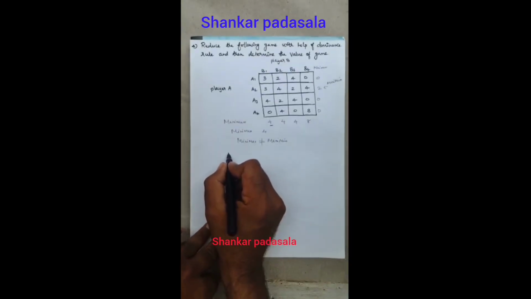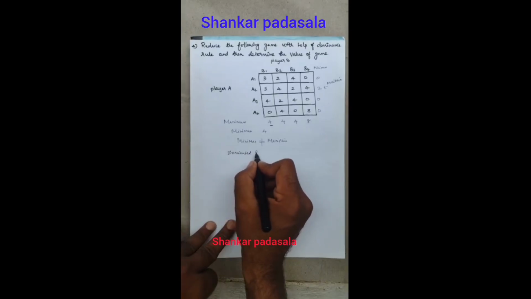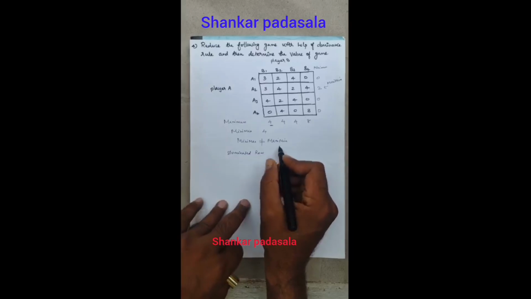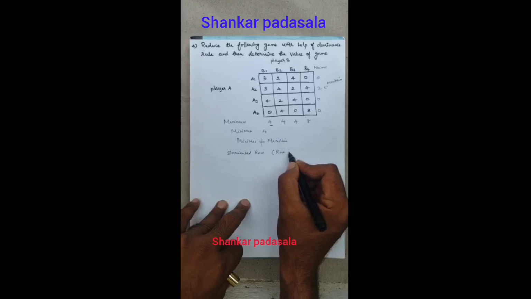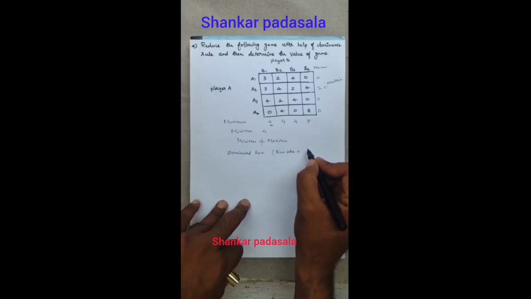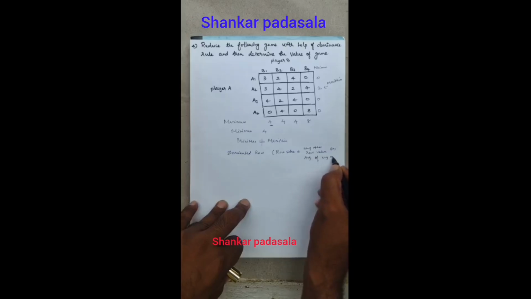A dominated row means the row values are lesser than or equal to any other row's values, or the average of any other two row values.